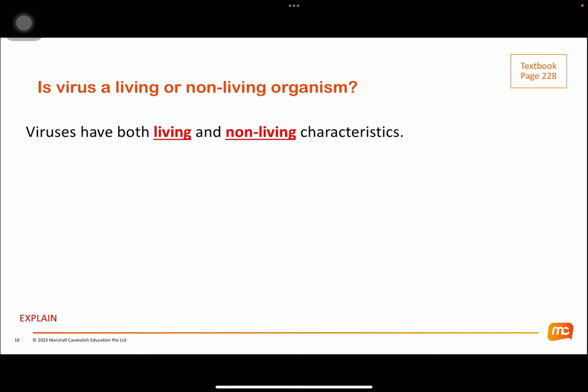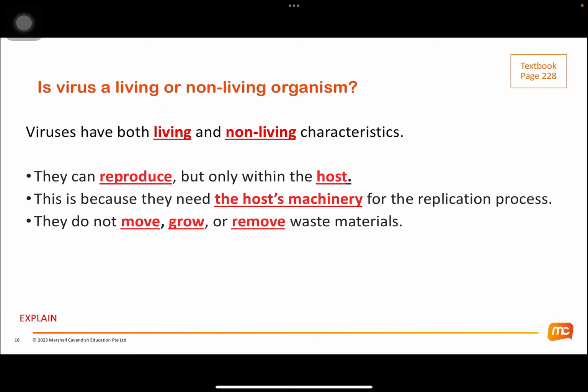At the moment, there are many literatures and studies that argue that viruses have both living and non-living characteristics, and they're still debating over which category viruses should be placed in because they have characteristics of both types of organisms. They can reproduce.